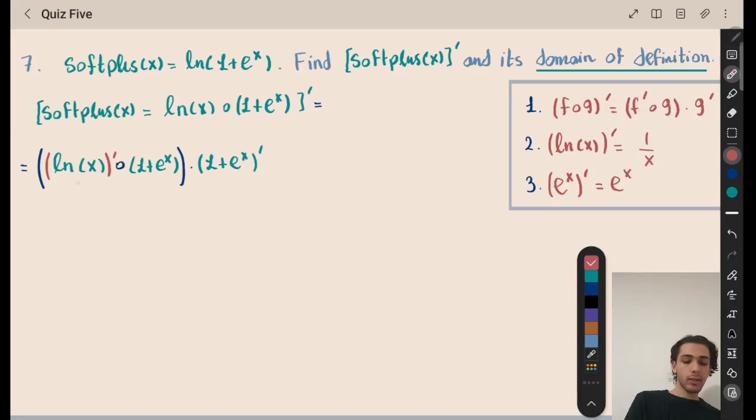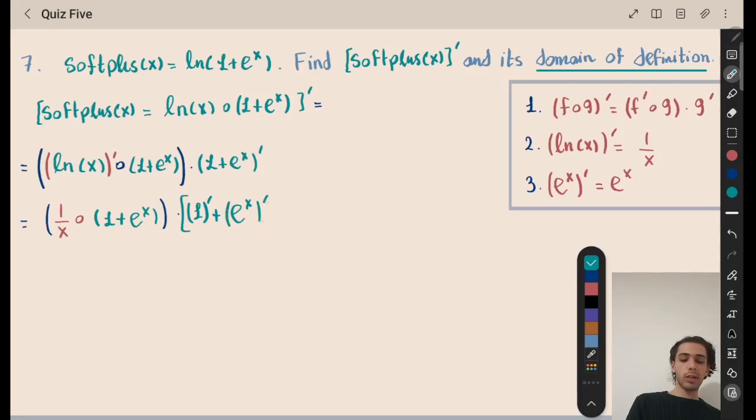Well, the derivative of ln of x is 1 over x. So inside the red brackets, I get 1 over x. And I still need to compose it with 1 plus e to the x. Composing means I just need to plug in 1 plus e to the x into 1 over x. And the derivative of 1 plus e to the x is just the derivative of 1 plus the derivative of e to the x.